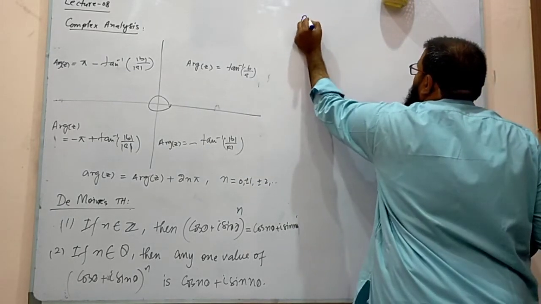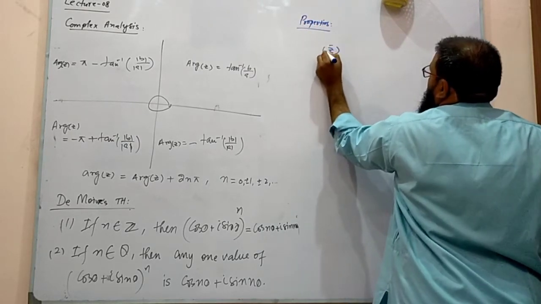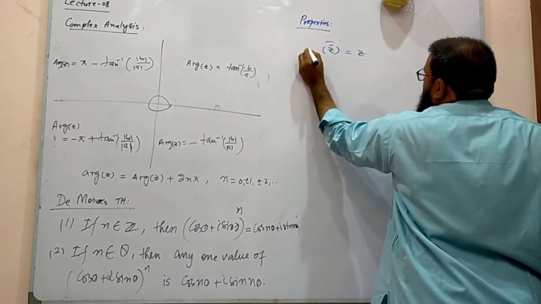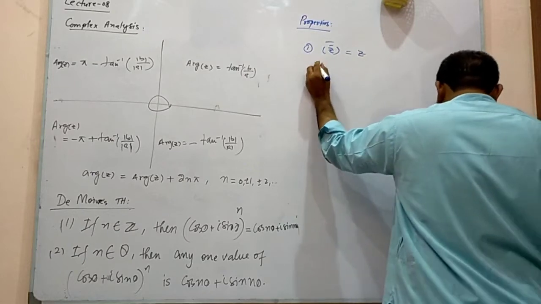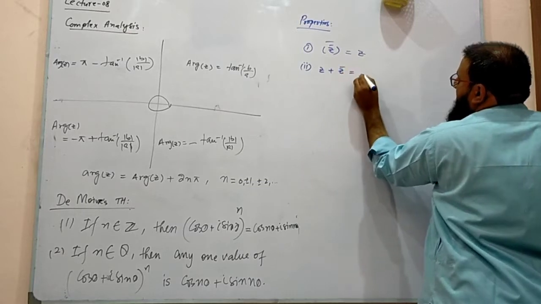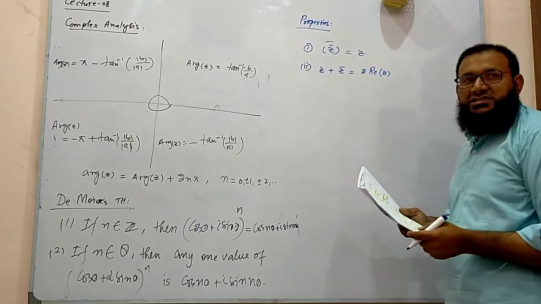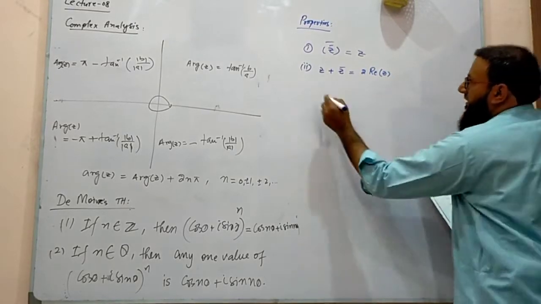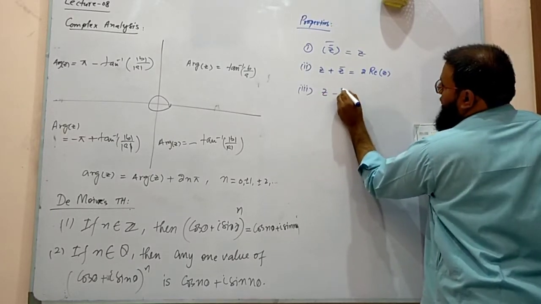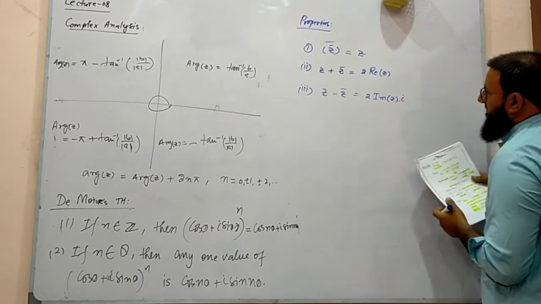Okay, so some of the properties are: if you take the conjugate of z conjugate, that's always z. And z plus conjugate of z is always equal to 2 times the real part of z, and you can check these things easily. And number 3, z minus z conjugate is going to be 2 times the imaginary part of z times i.